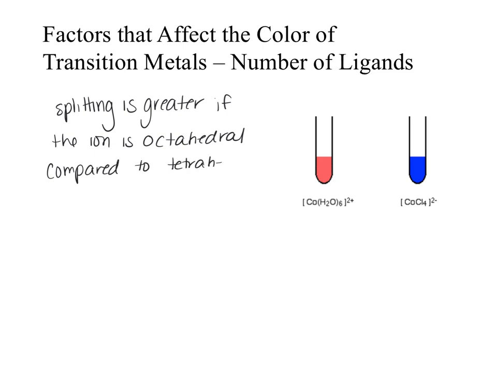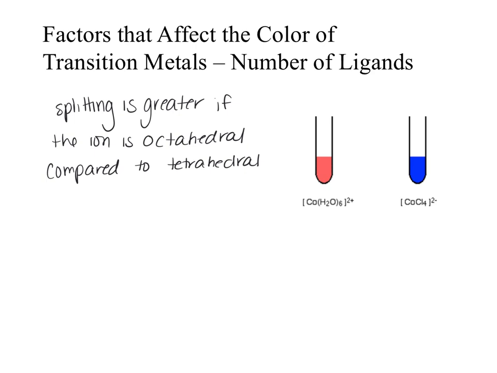Tetra means 4. This would be octahedral, even though it says 6, because there are 8 faces when you put the H2O around it. The tetra here is 4. There's a color difference here because the identity is changing, but also because it's going from something that's got 6 ligands around it to one that just has 4 around it.